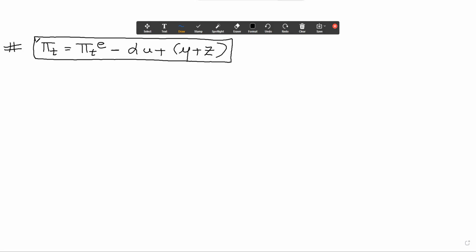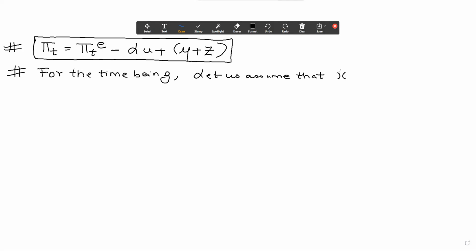Okay, so now for the time being, let us assume that inflation is equal to 0 in the economy.